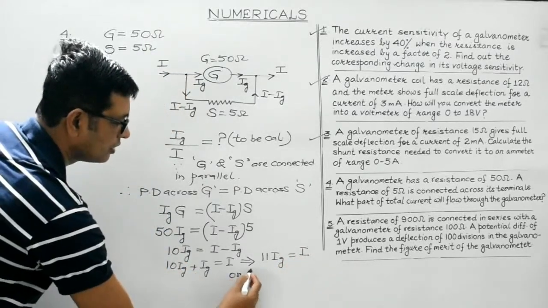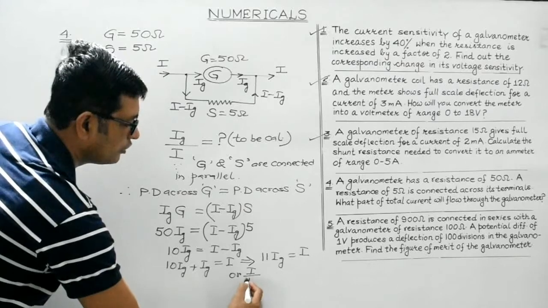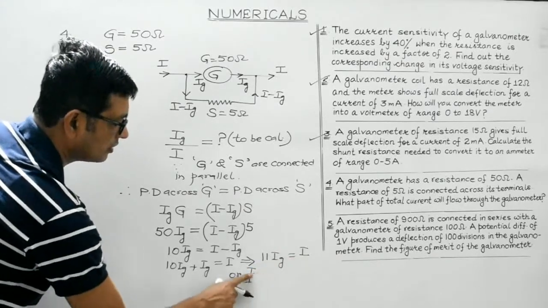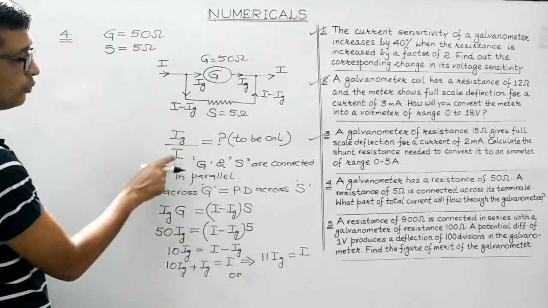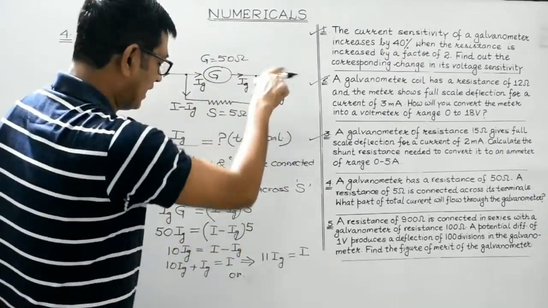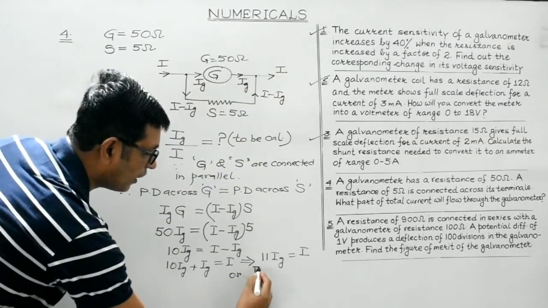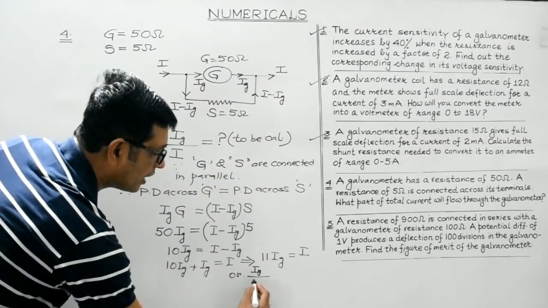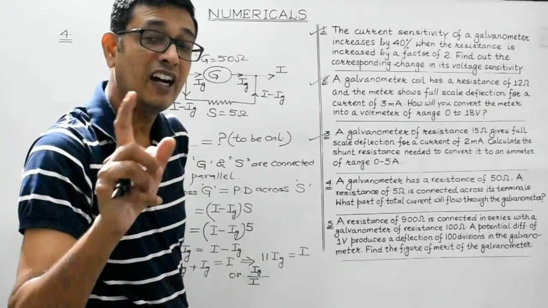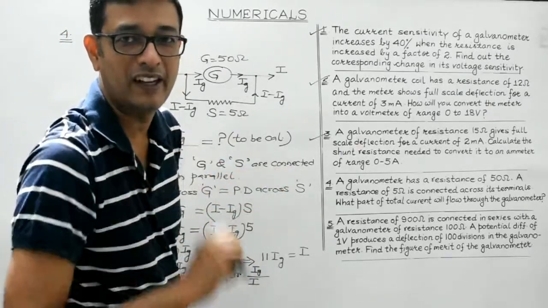So students, Ig by I is to be found. We are supposed to find out the part of the total current flowing through the galvanometer. So we are supposed to find Ig divided by I. Ig is the current flowing through the galvanometer and I is the total current flowing through the main line, right?